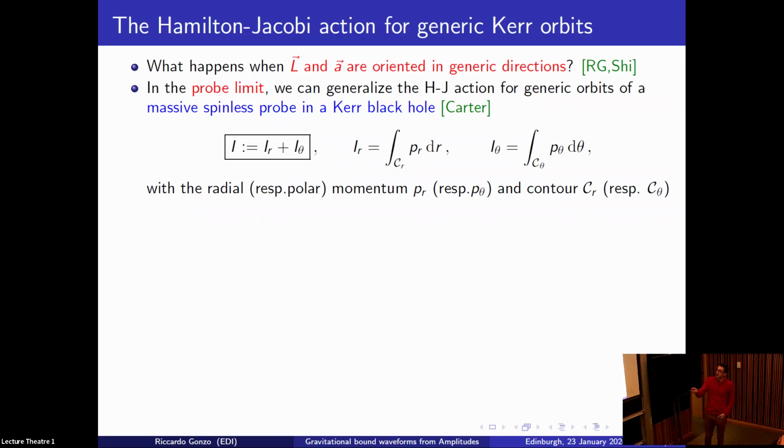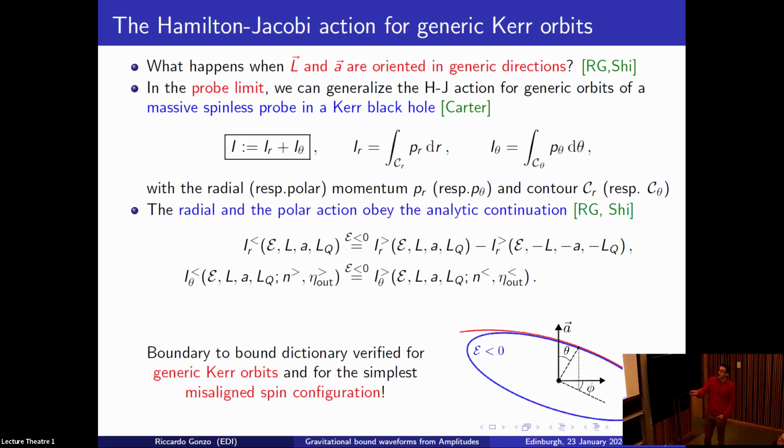This was found by Carter. The connection with the amplitude hasn't been explained yet, but essentially it is a subtle point of the spheroidal harmonics in the decomposition of the amplitude. Whereas this one is the standard part I was showing you also later.